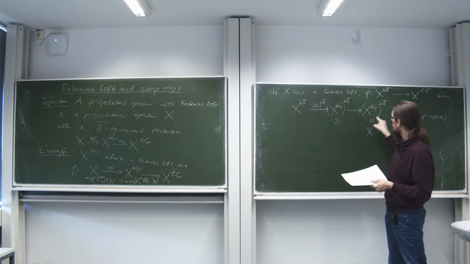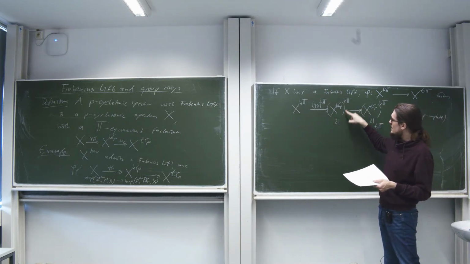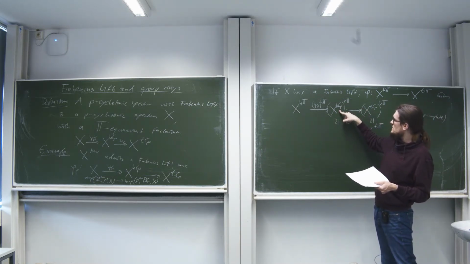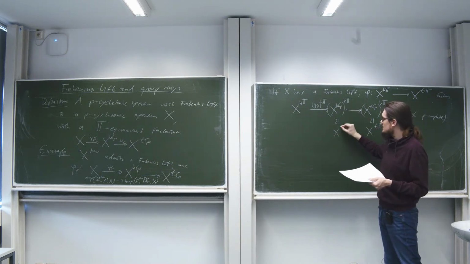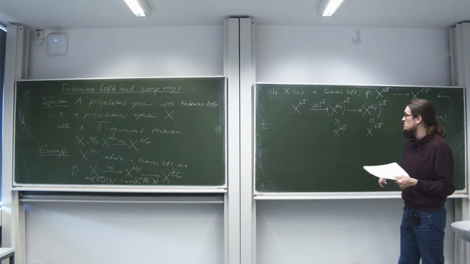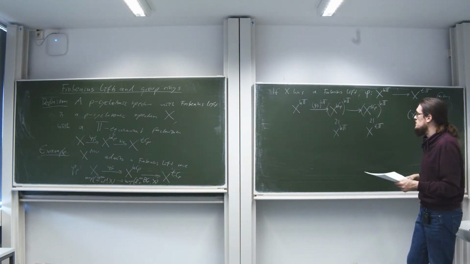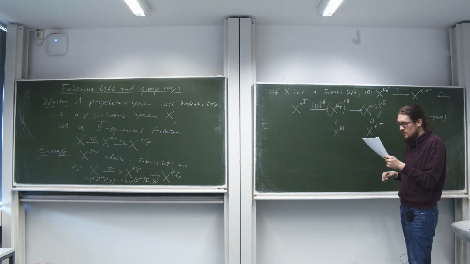And similarly to what goes on here, where you take fixed points with respect to the residual action, that's the same as taking fixed points with respect to the whole T action. Right?